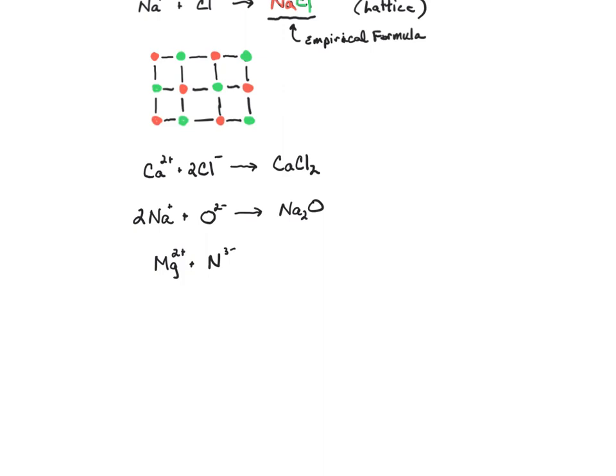We don't just have something with a plus 1 or minus 1 charge, which is a little bit easier to deal with. So how do we deal with this? The easiest way is to simply take the number that's associated with the charge and cross it down to the other element. So the 3 gets crossed down to the magnesium, and the 2 gets crossed down to the nitrogen. And the answer that we wind up with is Mg3N2.